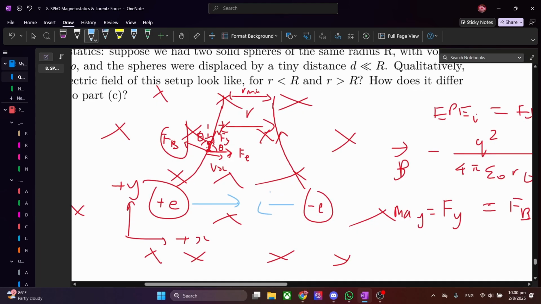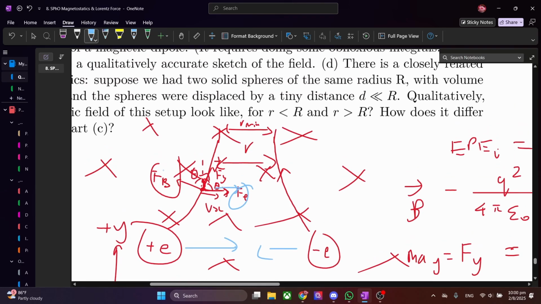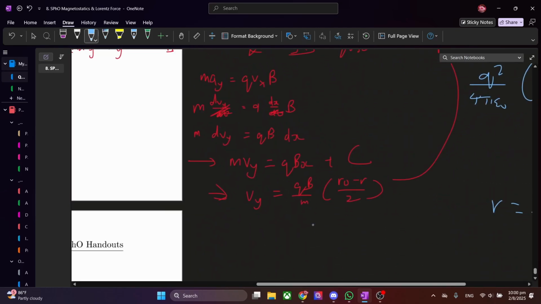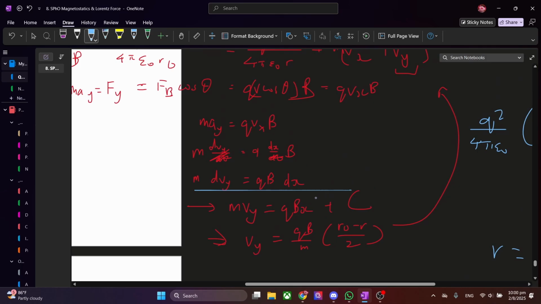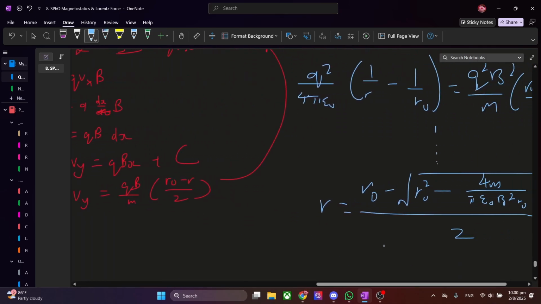But it's still fine because there's still some aspect of symmetry to it where their trajectories are going to be symmetric, right? That means that your electric force is only going to point in this direction. And when we consider the vertical velocity, we only have Fb. And with all of that bashing, we eventually get something that we can integrate again. And it's even easier this time because it's just v. And yeah, that's the whole problem lah.